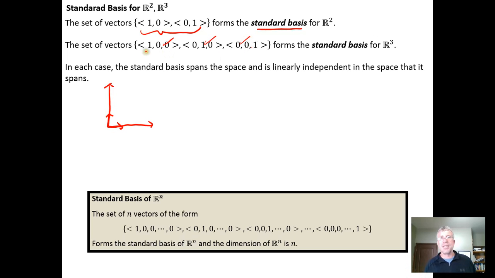This is called the standard basis for R3. And in general, the standard basis for Rn is to take n minus 1 zeros and one number 1, and find all possible vector combinations that include n minus 1 zeros and a 1, and that forms your standard basis for Rn.